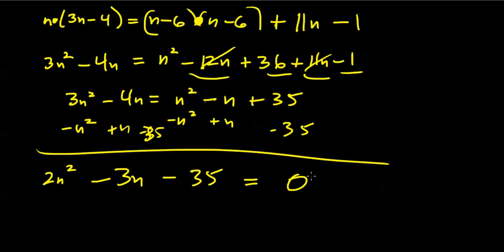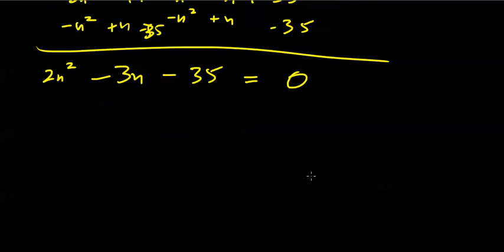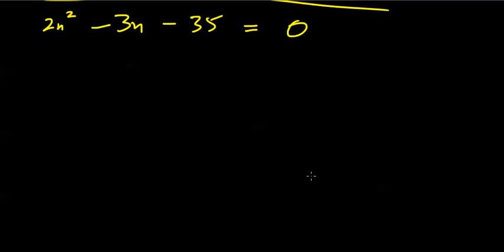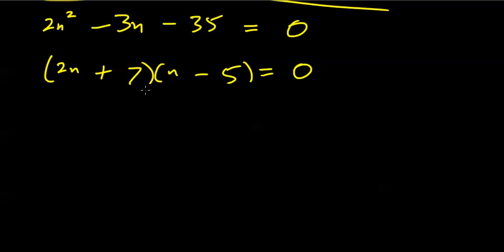Alright, so that was a bunch of work to get it in standard form. That indeed was the worst of it. Well, in the end, I've got a trinomial of degree 2 in standard form, which I can hopefully factor as a product of two binomials. Alright, if I put 2n and n in the first slots, I think I see it here. 35, well, 7 times 5 is 35.